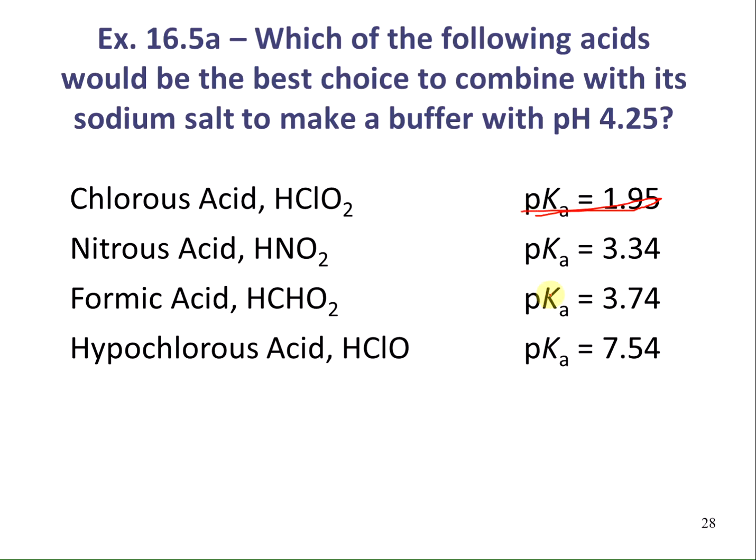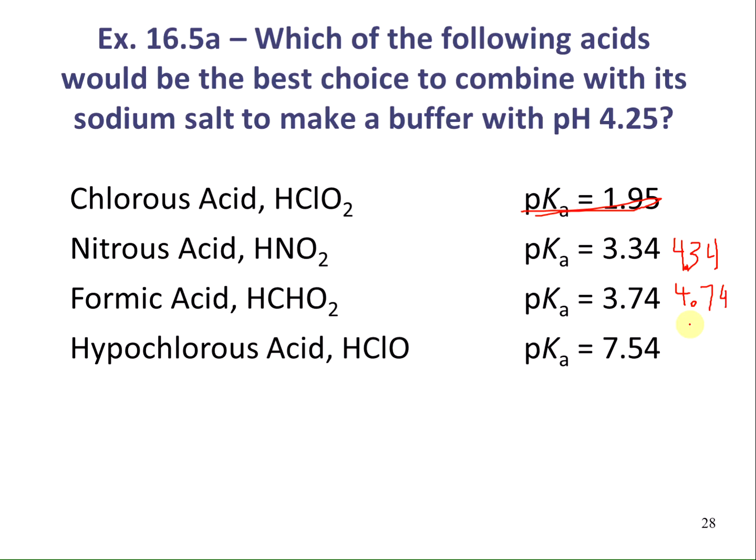Nitrous acid, the highest pH value would be 4.34. So this falls within my pH range. But there's also formic acid, and it would be effective up to a pH of 4.74.